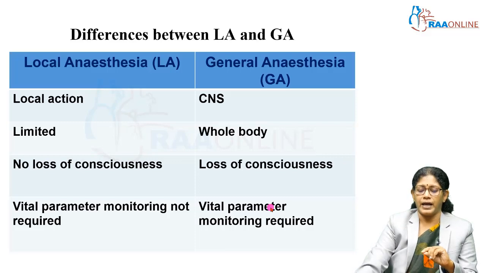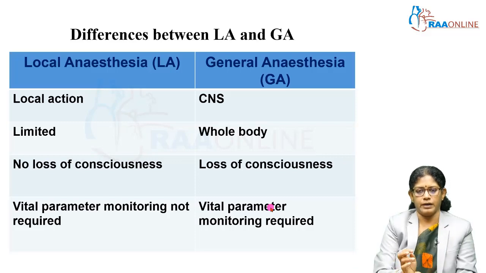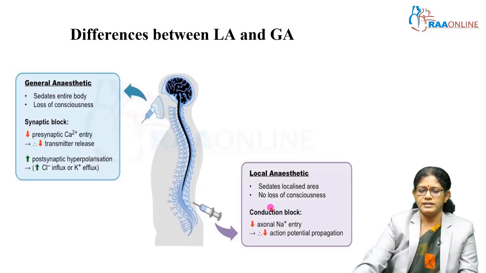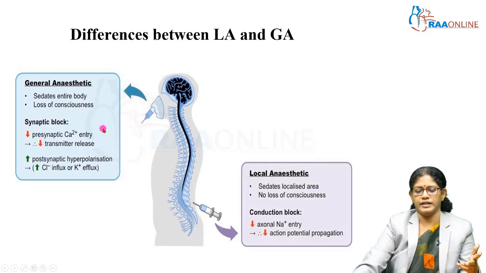Vital parameter monitoring is not required for local anesthetics. It is considered to be safe. At the same time, GA involves the central nervous system as well as the respiratory and cardiovascular systems, and vital parameter monitoring is a must for general anesthetics. General anesthesia sedates the entire body, loss of consciousness occurs, and it mainly acts through calcium block as well as transmitter release.